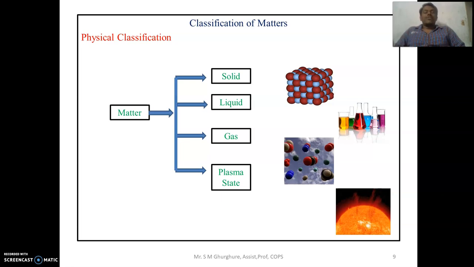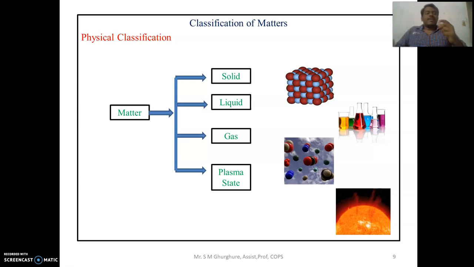Now we come to the liquid state of matter. Liquid molecules easily move from one point to another point. In the liquid state, the molecules are loosely packed to each other. The molecular arrangement is loose.